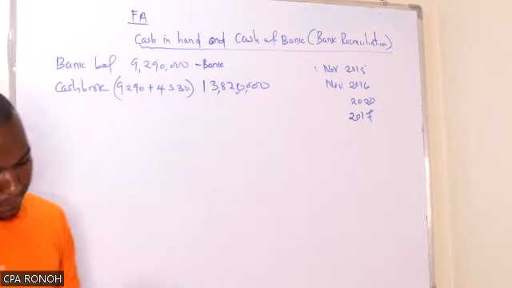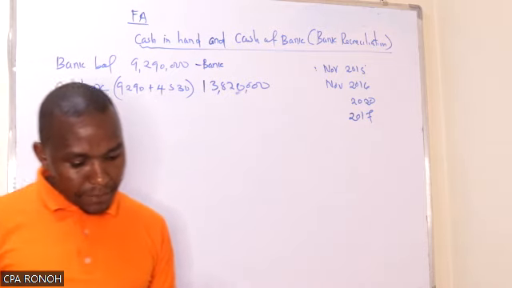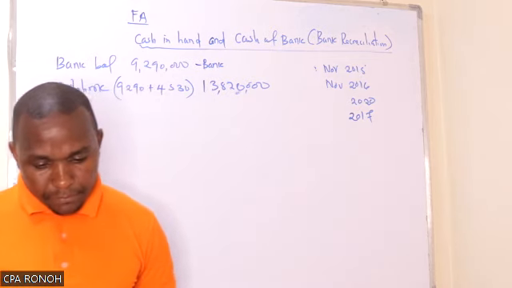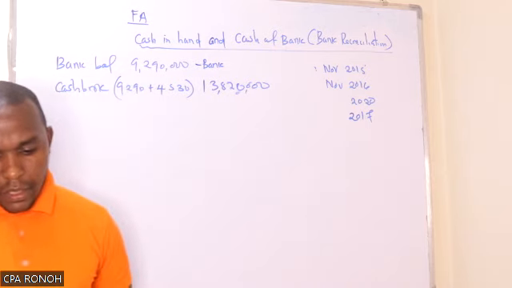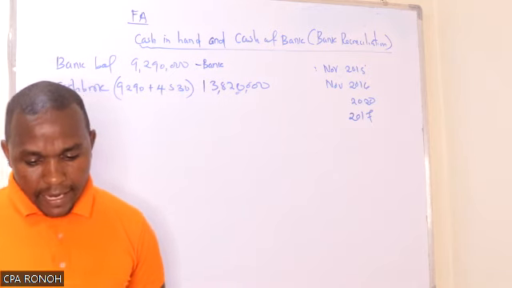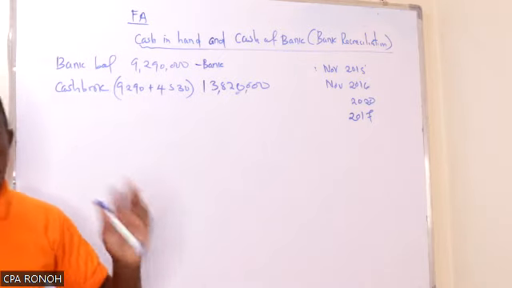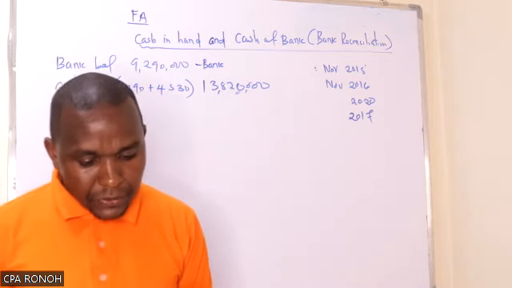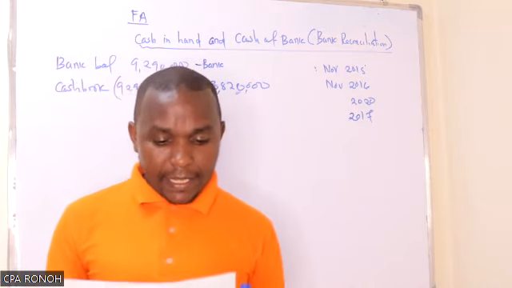Then we go to note number 1. The company accountant investigated the matter and discovered the following discrepancies. Note number 1: a cash amount of 1.704 million, though entered in the cash book as having been banked, had been embezzled by the accountant clerk in the office.